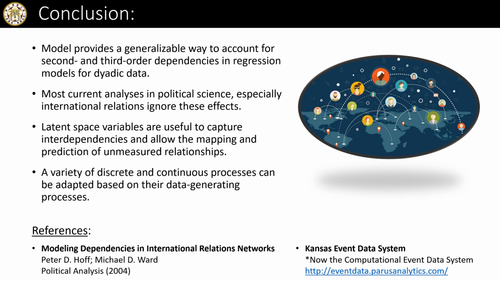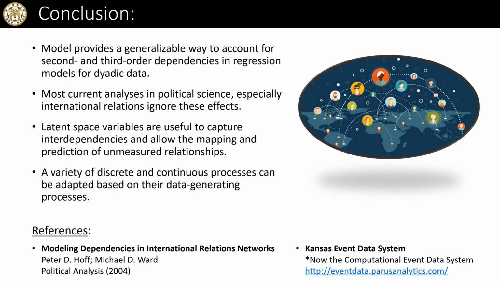They show that latent space variables are useful to capture interdependencies and allow mapping and prediction of unmeasured relationships. And finally, a variety of discrete and continuous processes can be adapted to this model based on their data generating processes.